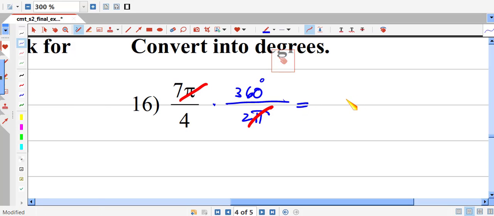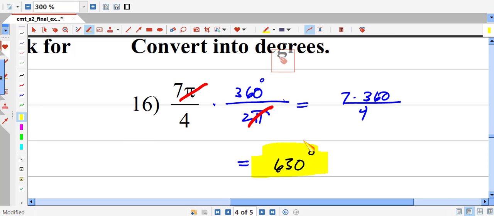I get 7 times 360 divided by 4. If I do that on my calculator, I find that is 630 degrees. And that's one time around a full 360, and then another 270 beyond that.